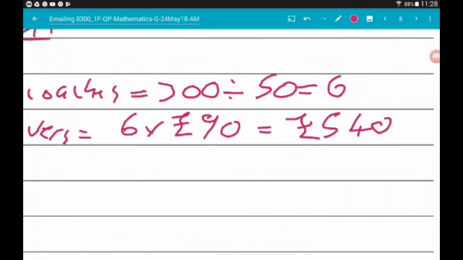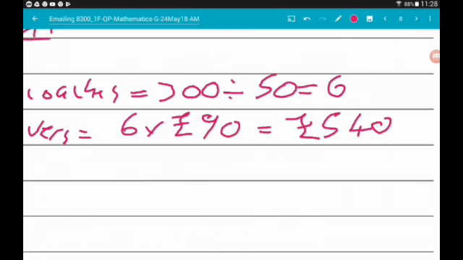Part A wants us to work out 16.4 minus 3.92 add 7.8. So as far as maths is concerned, addition and subtraction happen at the same time. So we can just do this working from left to right.